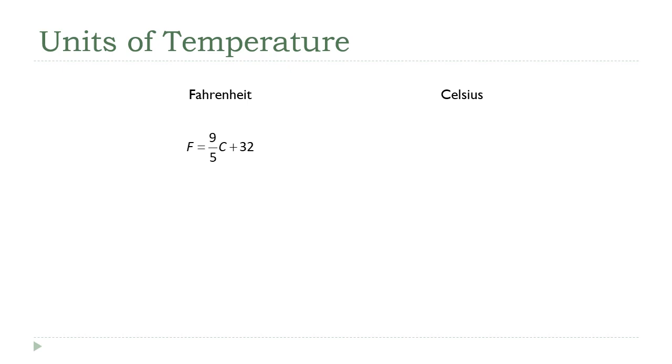So the first formula I have here is the formula for converting from Celsius temperatures to Fahrenheit temperatures. If we know the Celsius temperature, we can put it in there for C, do a little arithmetic, and out comes the Fahrenheit temperature.